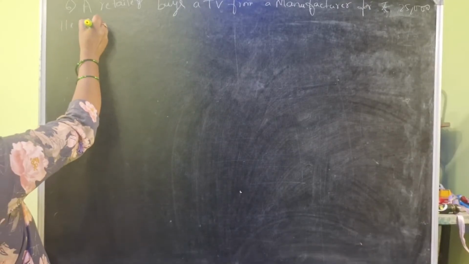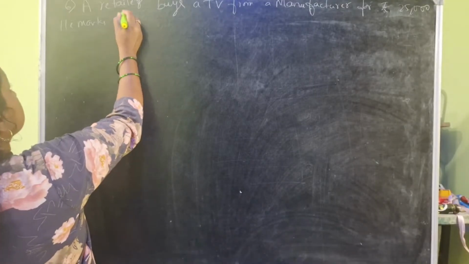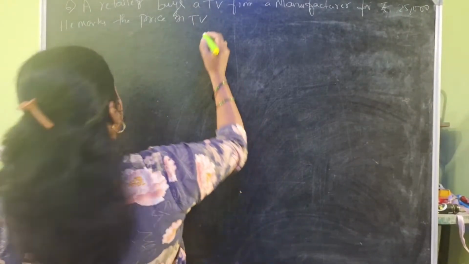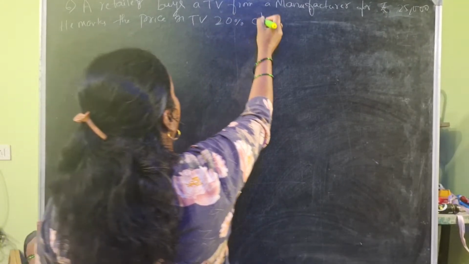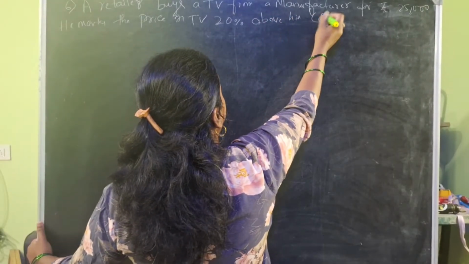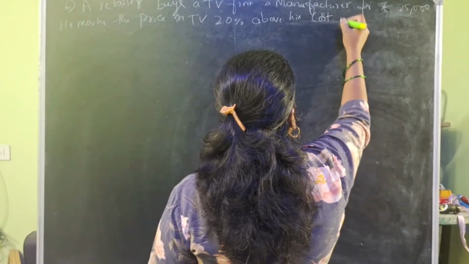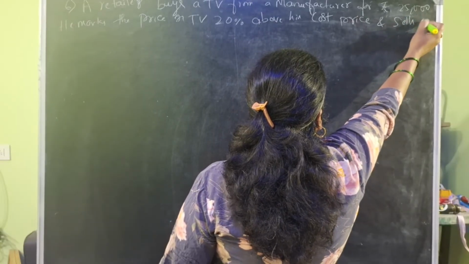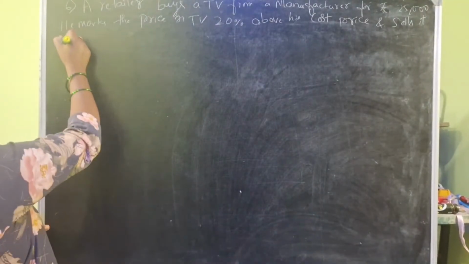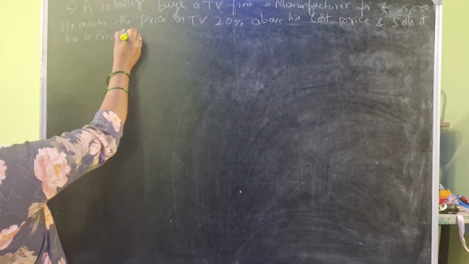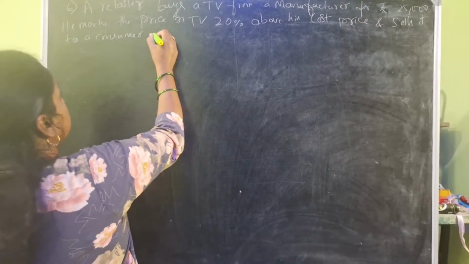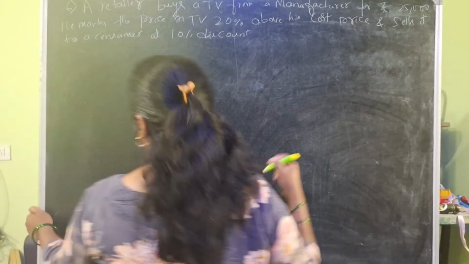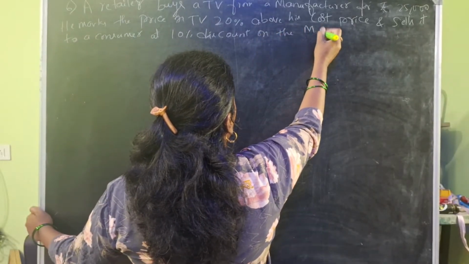He marks the price on the TV 20% above his cost price and sells it to a consumer at 10% discount on the market price.